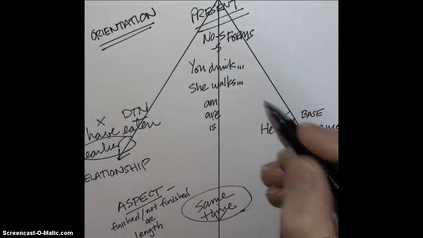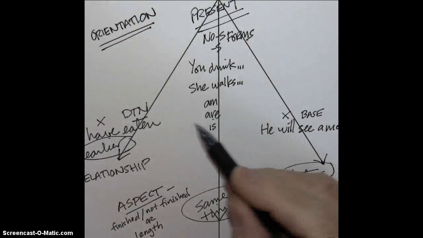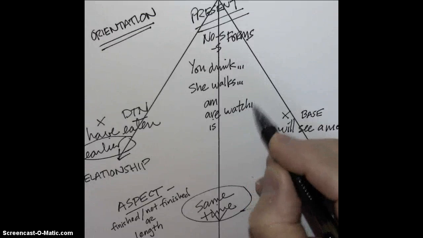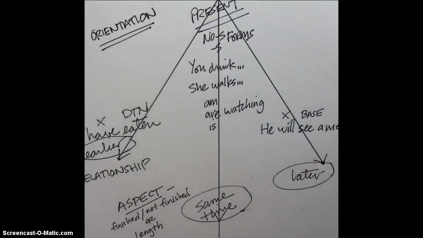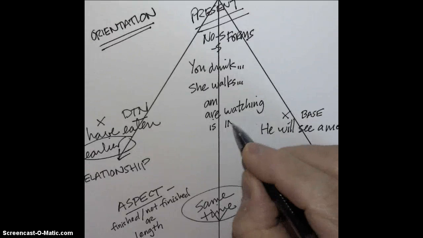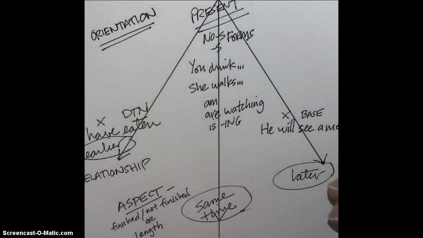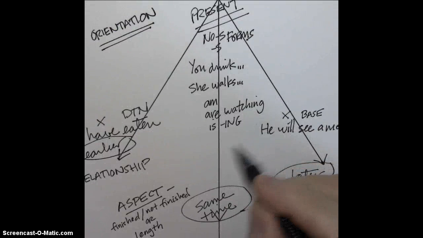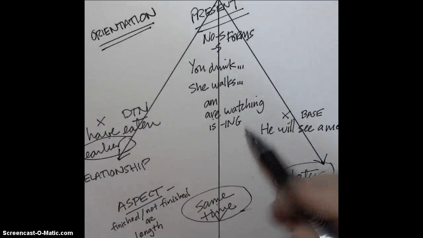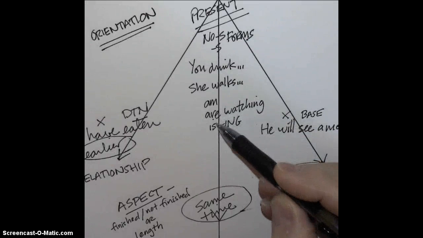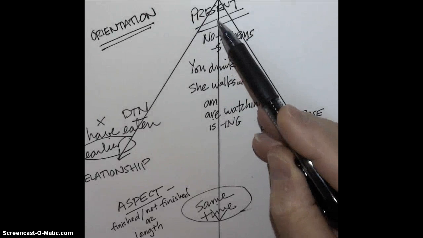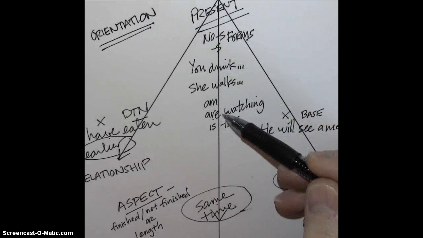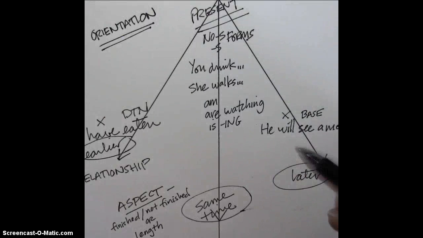And we can say, for example, you are watching this video. I use the ing form to show that the action's not finished or the action has some length to it. And I use the X words am, are, is to show that it's tied with the present and the relationship is the same time. We can do this same thing later.